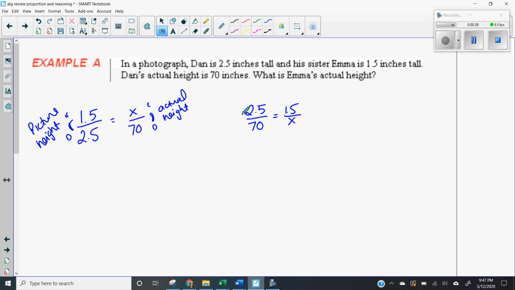Now, if I'm going to set it up this way, I'm talking about Dan's measurements here in both examples, but on the top it's the picture height, and on the bottom it's real life. Okay, on the right-hand side then, I need the same setup here. I've got Emma represented on the right-hand side. This is her picture height over her real life height. So notice the comparison between the two sides.